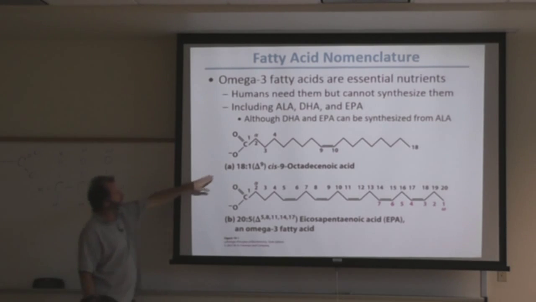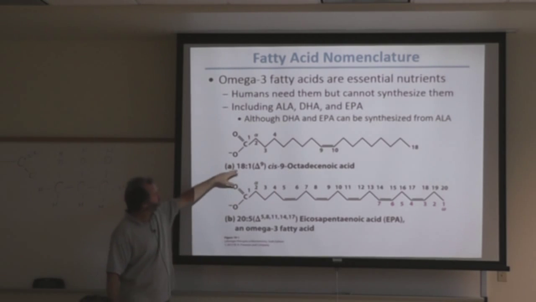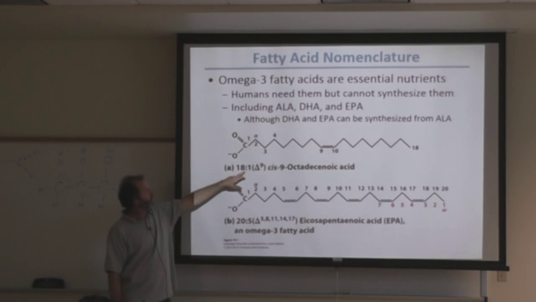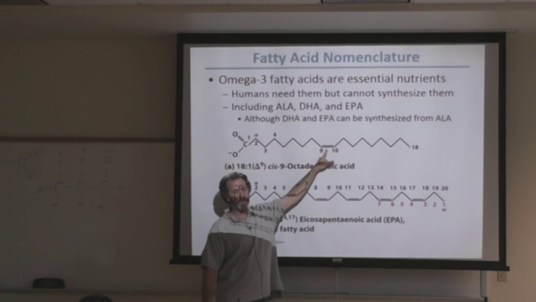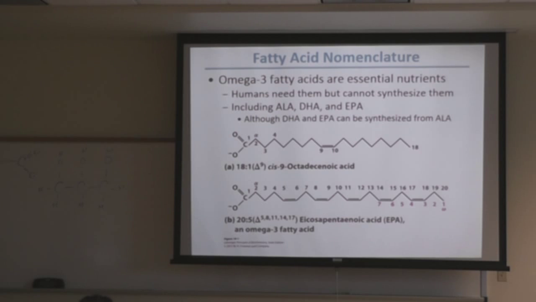For example, this is 18:1 cis-Δ9 octadecenoic acid. The 18 and the 1 means it's 18 carbons long, and there's one double bond, and they put a delta 9 because that double bond is between the 9th and the 10th carbon. So pretty simple nomenclature.